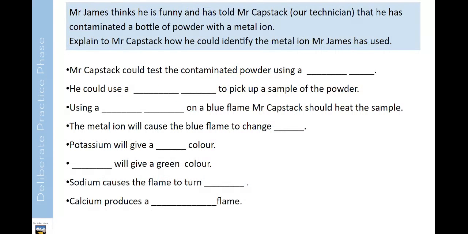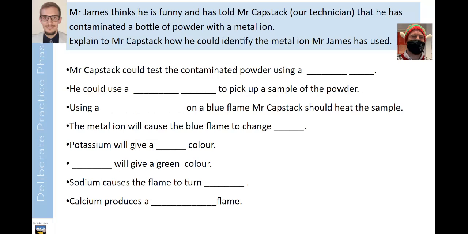Okay, so your next task, and this again is on your worksheet, all you need to do is add in the missing words from the sentences. So Mr. James thinks he is funny and has told Mr. Capstack, our technician, that he has contaminated a bottle of powder with a metal ion. Explain to Mr. Capstack how he could identify the metal ion Mr. James has used.